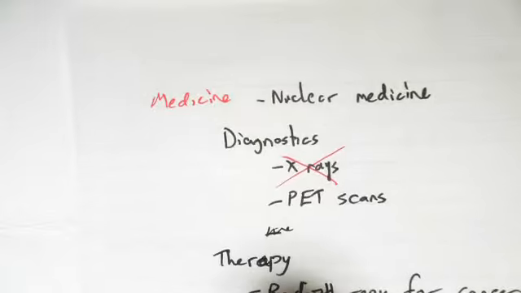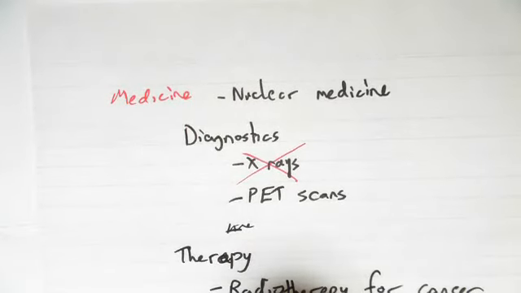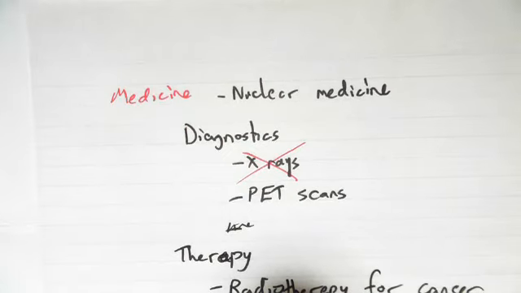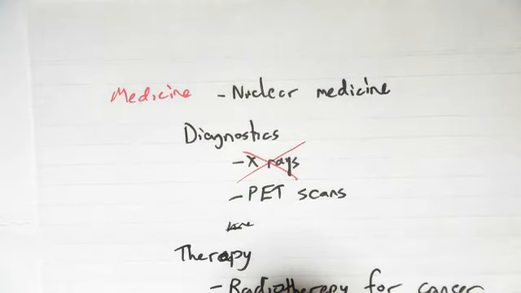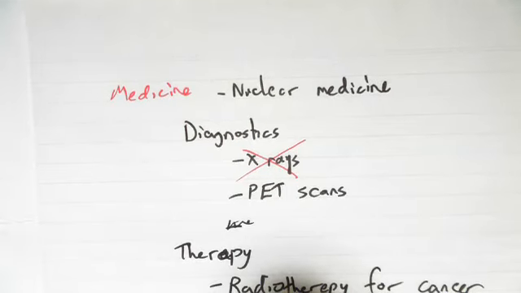But we will mention some other applications of nuclear chemistry in medicine. So there's diagnostics in medicine. X-rays don't use radioisotopes, they generally just use X-ray tubes, which are an electrical discharge thing. But PET scans, positron emission tomography is what PET stands for, use positron emission to scan your body.